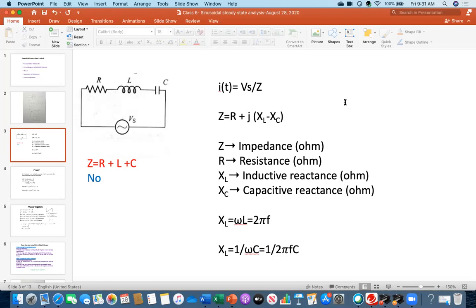For example, a number 3 plus j5. Oh, sorry, probably in math, you might have used the symbol i, like 3 plus i5. Oh, a complex number. Okay. All right. Thank you. Yeah, so here in circuit case, mostly the symbol j is used, but in math, in most cases, symbol i is used, but it is the same.